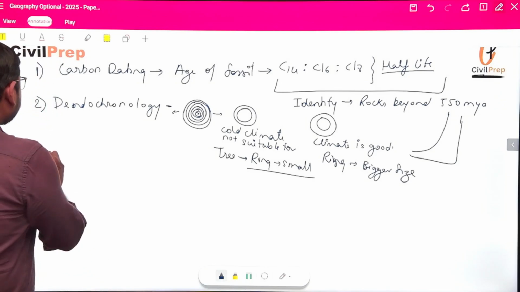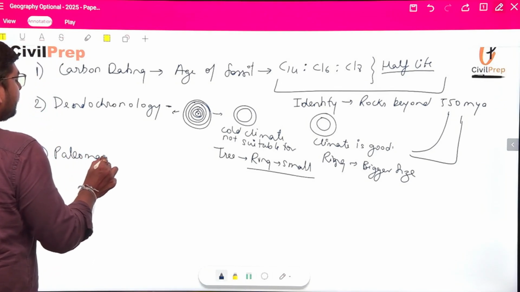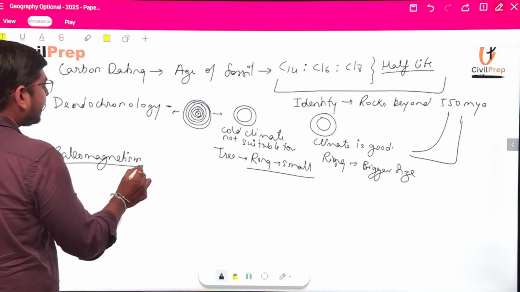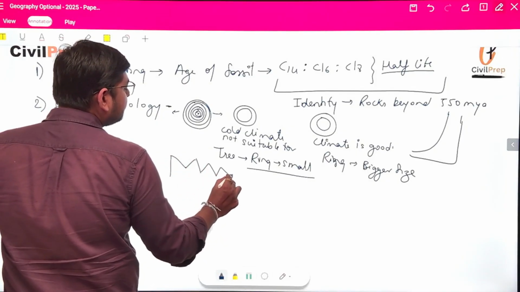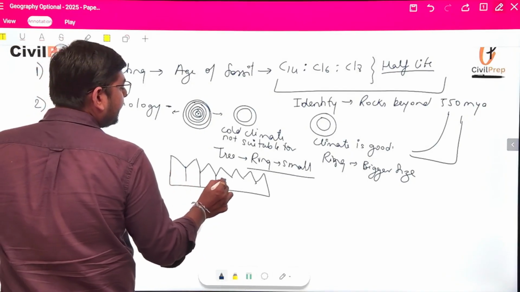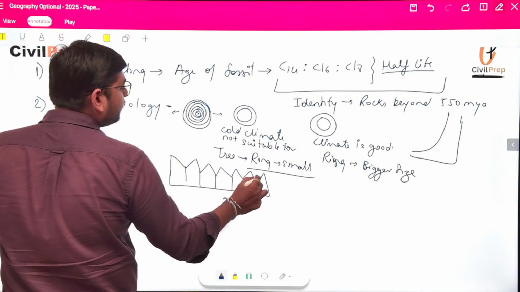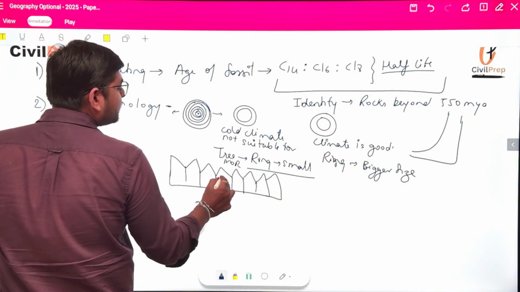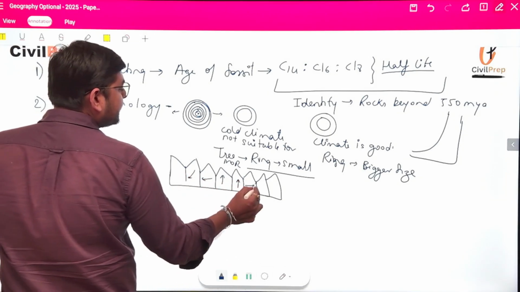Okay. We can also use paleomagnetism here. So by the use of paleomagnetism, we are looking at the rocks which are present in those regions and what their inclination is. For example, this is the mid-oceanic region. So here we have the inclination of rocks, which is changing with time.